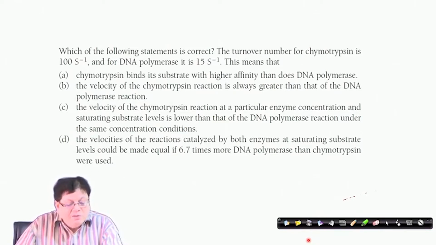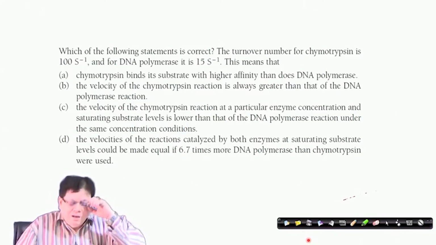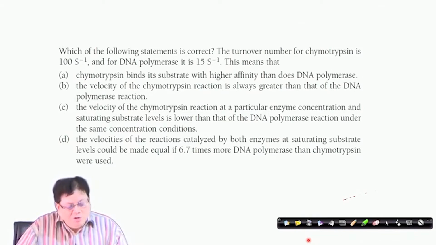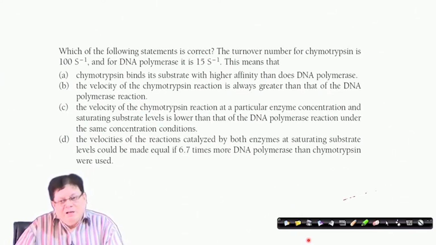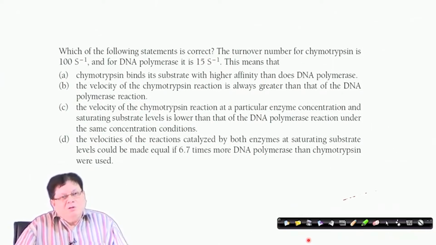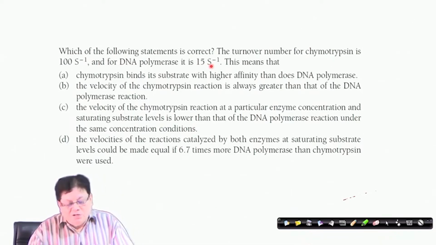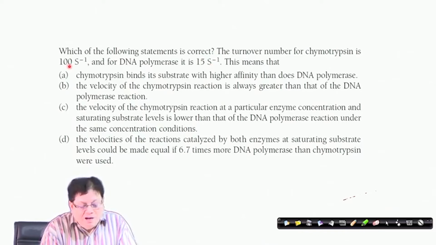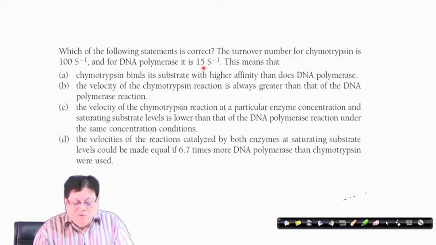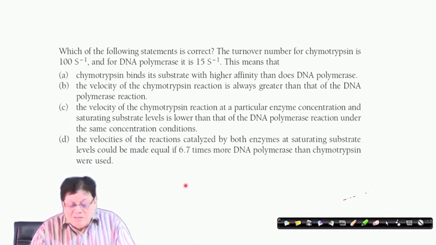And for another enzyme which is called DNA polymerase, we have not yet read the nucleic acids, but DNA polymerase is the one which actually synthesizes the polymeric DNA molecules. So, DNA polymerase has 15 second inverse. So, the turnover number of chymotrypsin is more than this one, 15 second inverse. Now, what does it mean?